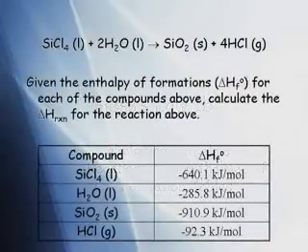Okay, here is the problem. We have silicon tetrachloride liquid reacting with liquid water to form silicon dioxide, which is a solid, and hydrochloric acid, which is a gas. Given the enthalpy of formations for each of the compounds above, calculate the delta H of reaction, which is the change in enthalpy for the reaction above.